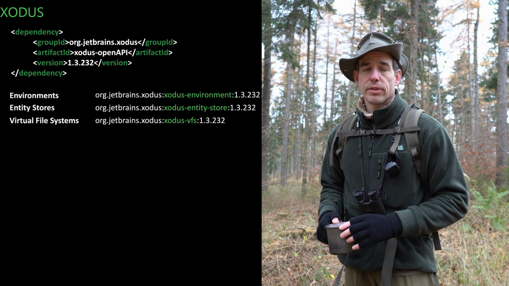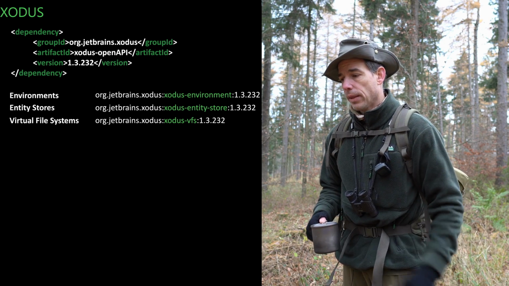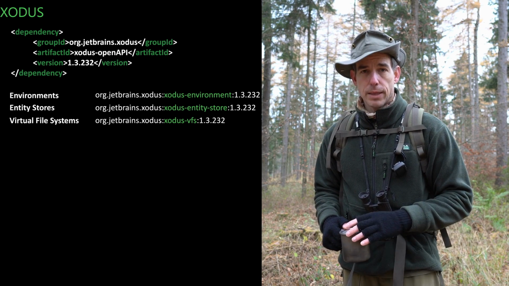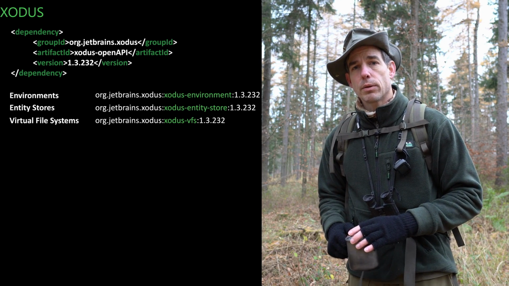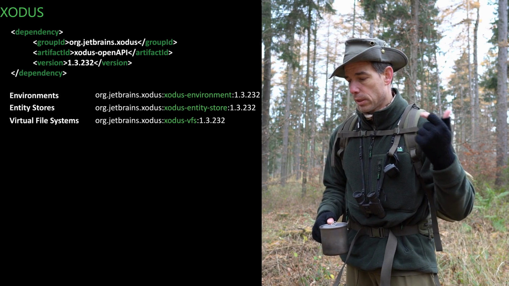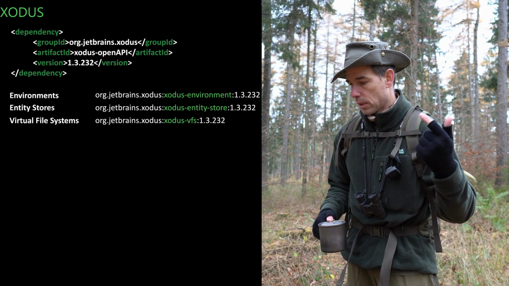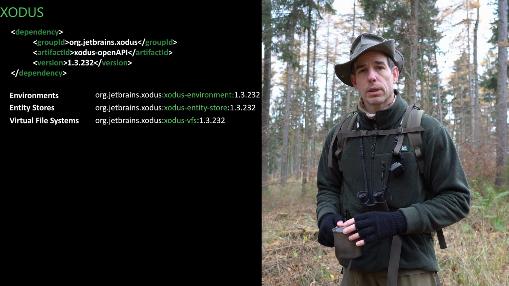On GitHub you will find it under JetBrains/Exodus, and then you have this API. This is the dependency. I will write it somewhere here. And then you have the 3 different dependencies: it's environments, it's a virtual file system, and it's entity store, I think. But this we will cover in a second.